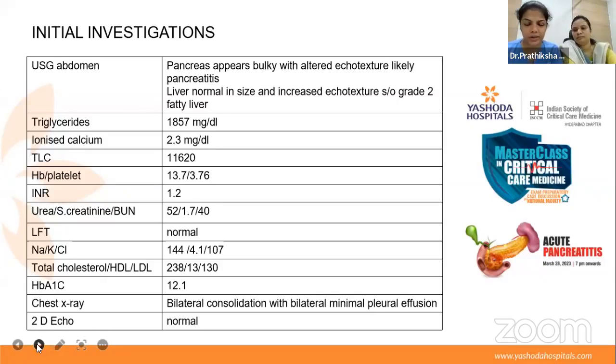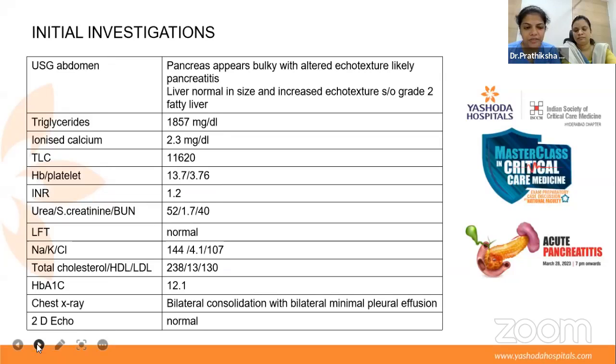Total leukocyte count 11,620. Platelets and INR were normal. Creatinine was slightly elevated, 1.7. LFT was normal. Electrolytes were normal. Total cholesterol, LDL, HDL were okay. HbA1c was 12.1. Chest X-ray showed bilateral consolidation with bilateral minimal pleural effusion. 2D echo and ECG were normal.